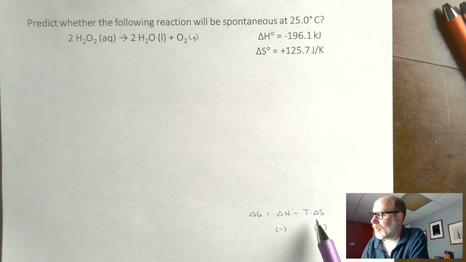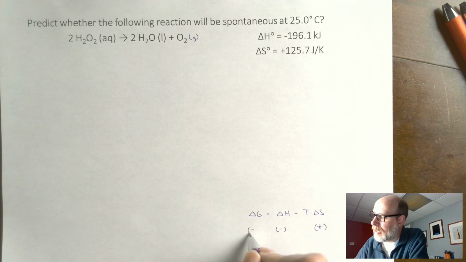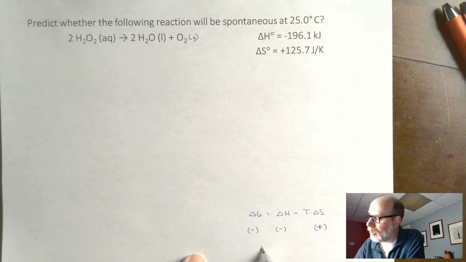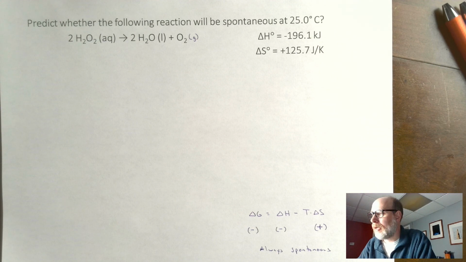So in this case, we've got a negative number minus a positive number, so at every temperature, this reaction would be expected to have a free energy change that's negative. So we would predict that it's going to always be spontaneous. Always be favored, all right, by thermodynamics.